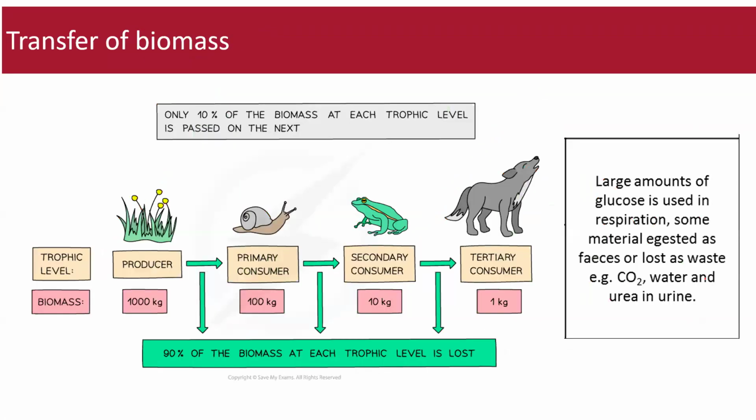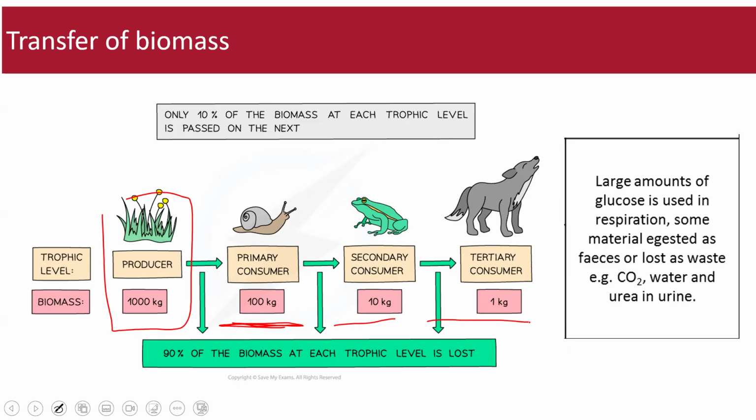So here is a typical transfer of biomass diagram. You start off with the producer and there's 1,000 kilograms of it. When it goes to the primary consumer, literally only 10% of the biomass carries on to the next trophic level. 10% again, 10% again.